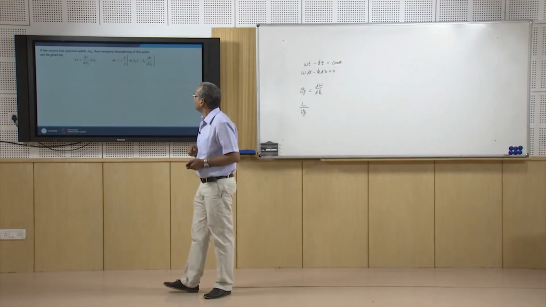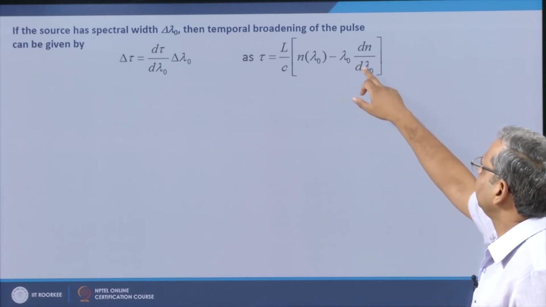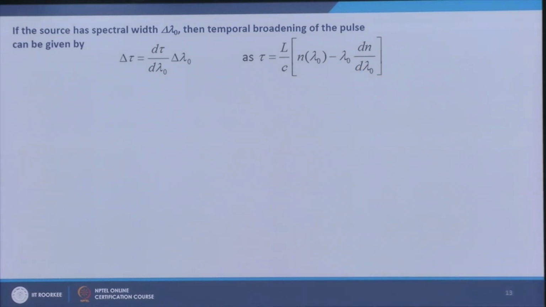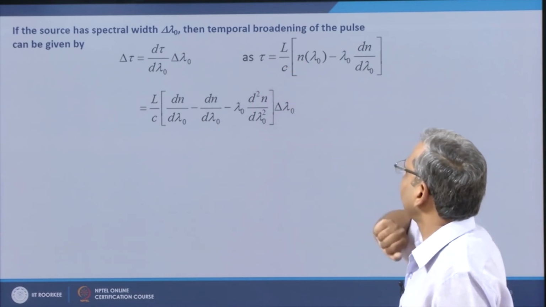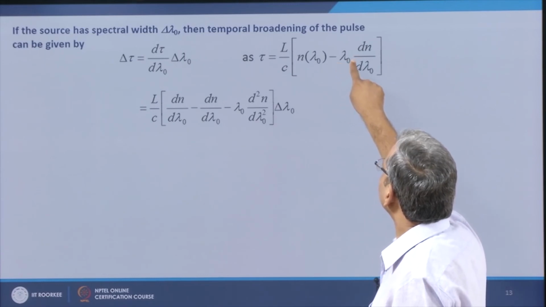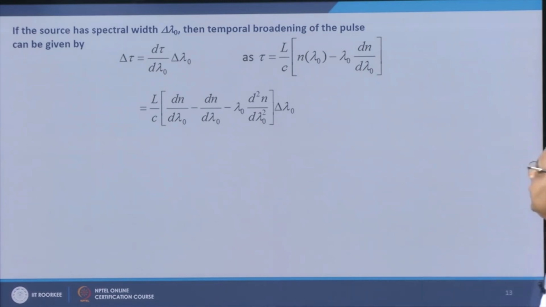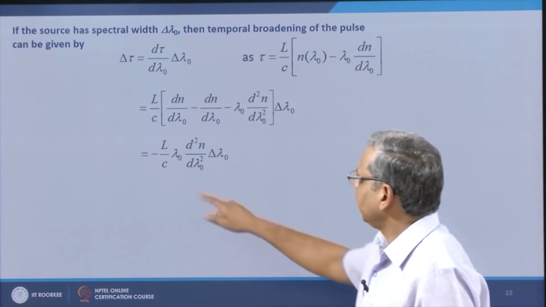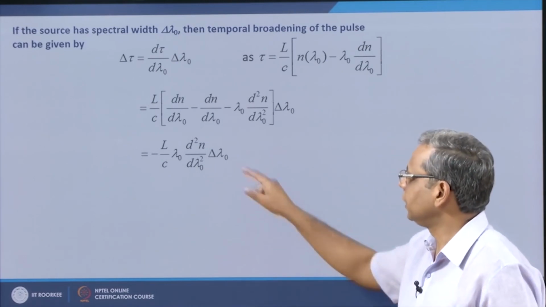And since tau is equal to L by c times n minus lambda naught times dn over d lambda naught, I just take d tau over d lambda naught from here. So, dn over d lambda naught minus dn over d lambda naught minus lambda naught times d2n over d lambda naught square, times delta lambda naught, and this would simply be minus L by c times lambda naught times d2n over d lambda naught square times delta lambda naught.